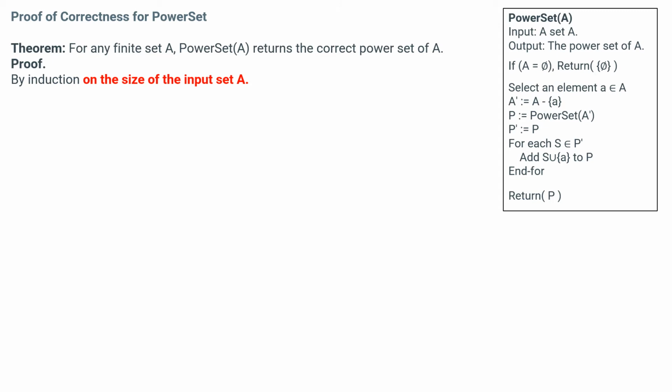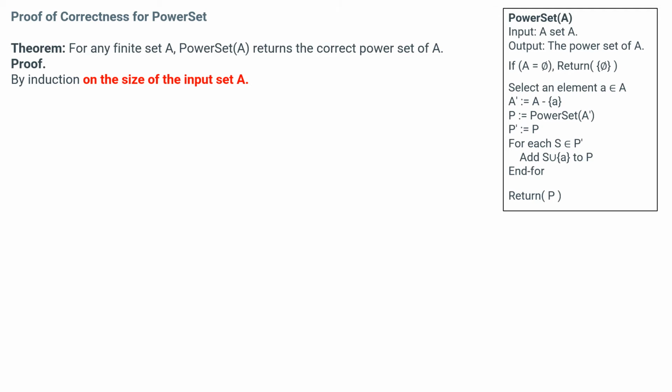So first of all, let's go over our game plan for this. The theorem: we need to prove that for any finite set A, and not just one, we've seen that example, but that doesn't prove that it works for everything.